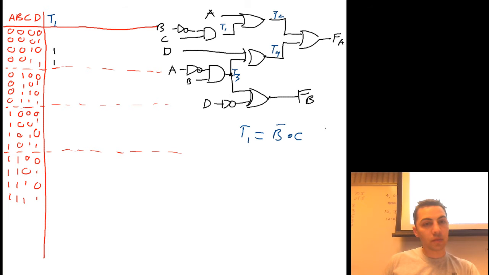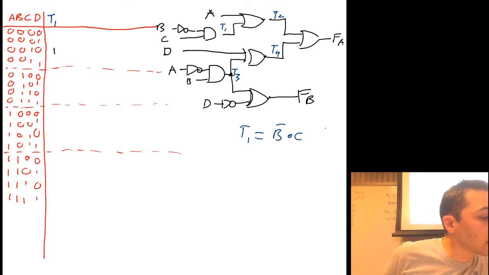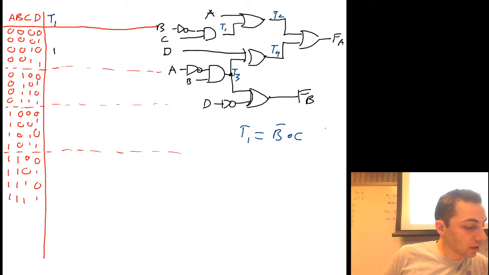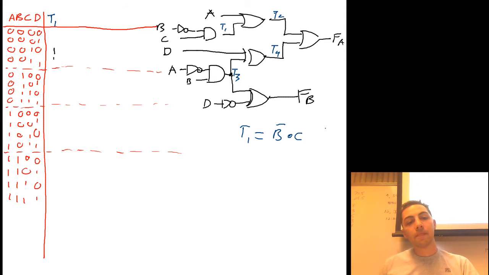So T1, excuse me, C, did I copy that correctly? C B bar. Yes, I did copy it correctly. Okay. 1, 1, oops, and 1, 1. Those are the only places where B is 0 and C is 1.